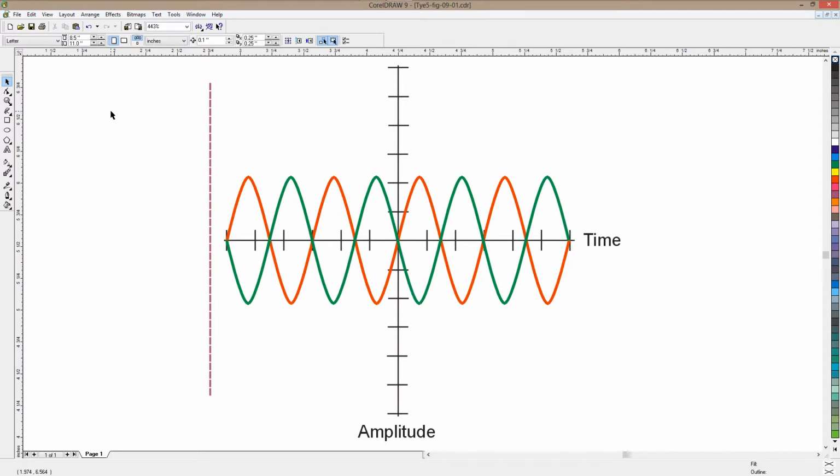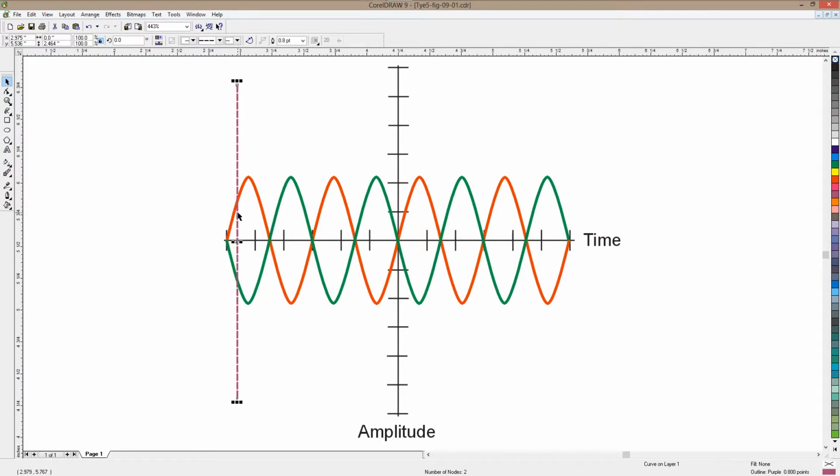Now that's called phase opposition. There's a difference between a 180 degree phase shift, which is moving it horizontally in time, and phase opposition, which is flipping it upside down so that every positive becomes negative and every negative becomes positive. But notice, with a sine wave, the net effect of phase opposition is exactly the same as the effect of a 180 degree or half cycle shift in phase.